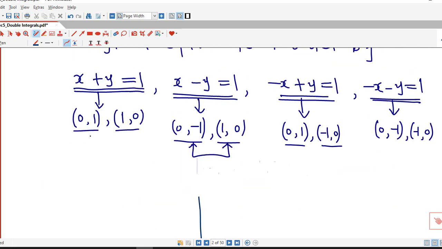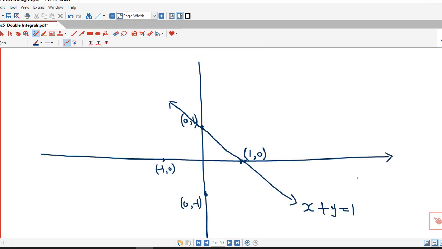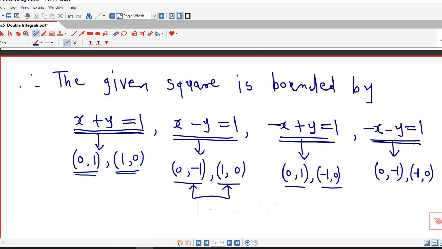Now x plus y equals 1 is the line joining (0, 1) and (1, 0). That means if we join these 2 points, we have the first line, x plus y equals 1. Then the second line is x minus y equals 1.